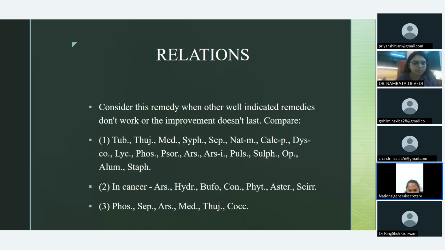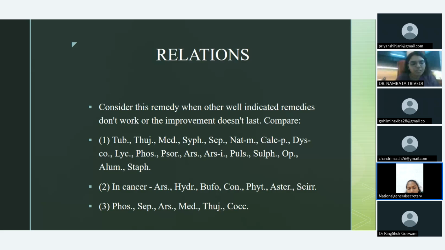Is history necessary for carcinosin? Someone is asking like this, ma'am. They have also written nail psoriasis.